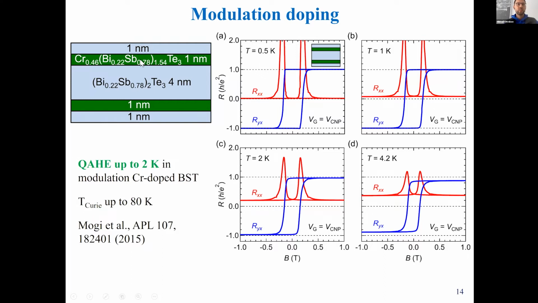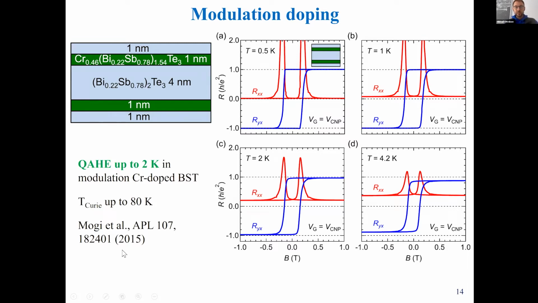You basically dope the subsurface quintuple layer block of the material. In this case, as you can see, at 0.5, at 1 kelvin, the effect is perfectly quantized, and it deviates slightly from the quantized situation at 2 kelvins, but basically you can see the quantum anomalous Hall effect is there. So this was reported by Mogi and co-authors.